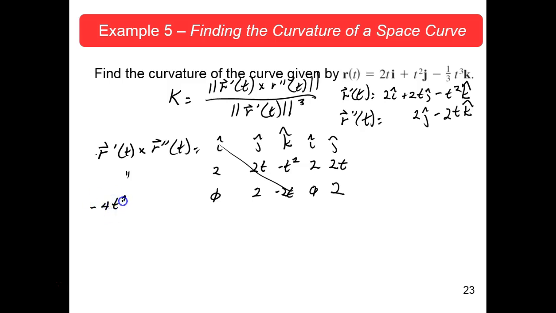Negative 4t squared i, 0j, plus, okay, now do the k one, 4k.